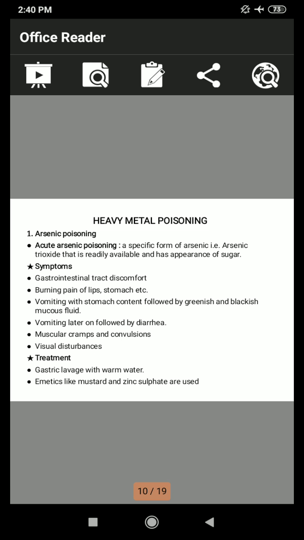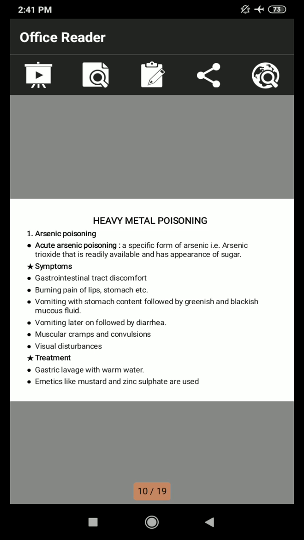Then dimercaprol 2.5 to 3 mg per kilogram every 4 hours for 2 days, every 6 hours for 10 days, and every 12 hours till symptoms disappear. Or penicillamine 0.5 to 1.5 gram per day in 4 divided doses with meals is the treatment of choice for 1 week. Then morphine can be used to abolish pain.